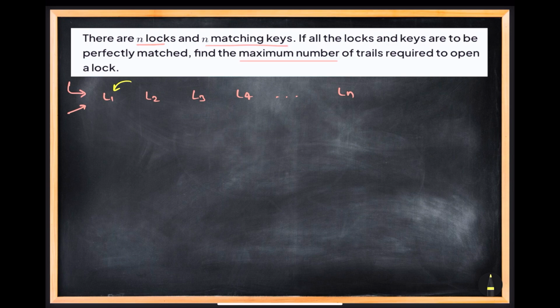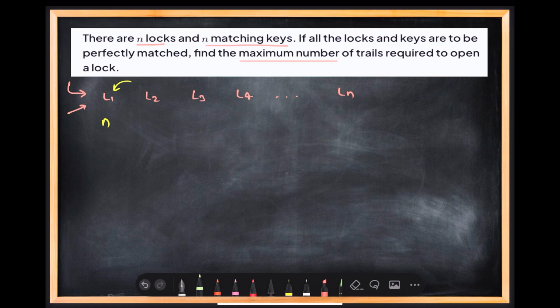The key corresponding to L1 should be placed last: K1 will not match, K2 will not match, and we'll keep on doing this, and Kn will match last. So you will be taking n trials because there are n keys. Suppose that your task is completed.